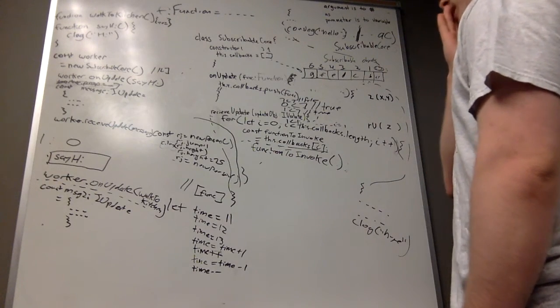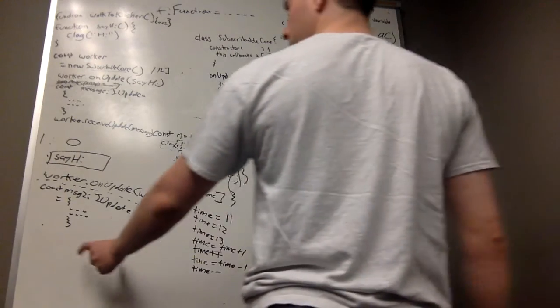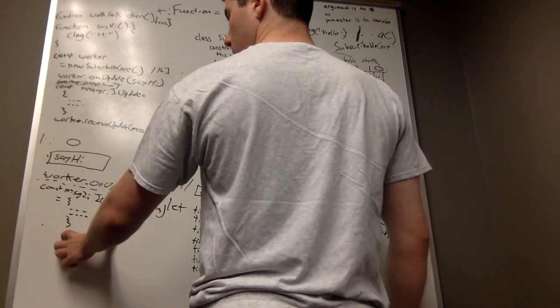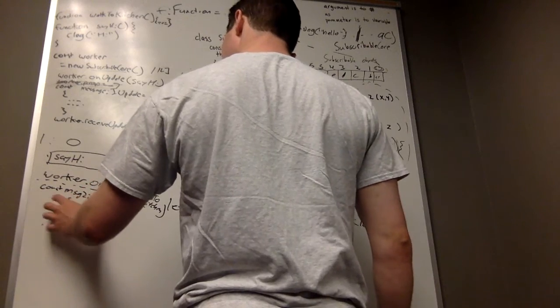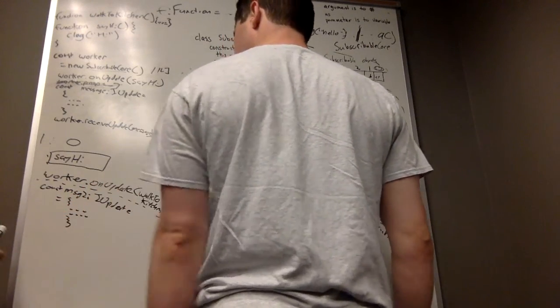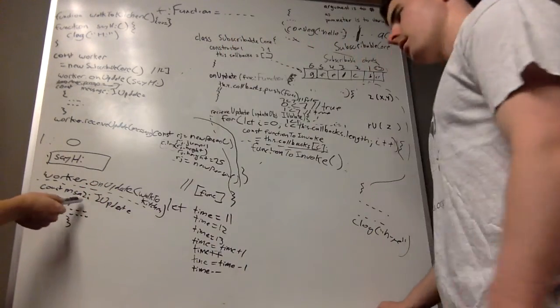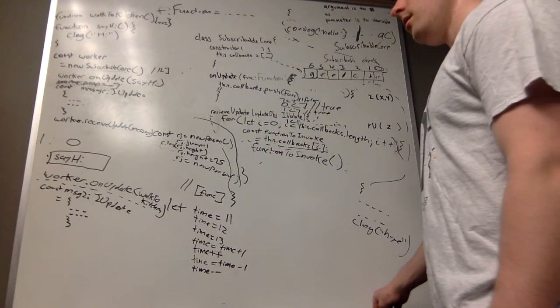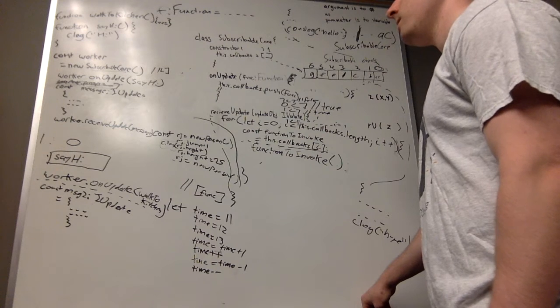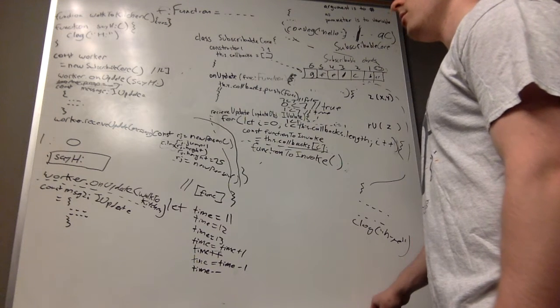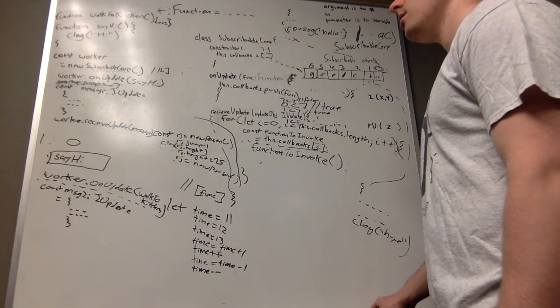So, what was your question again? My question is, how do we have worker receive message 2? Do we know what message 2 says? We don't need what message 2 says.